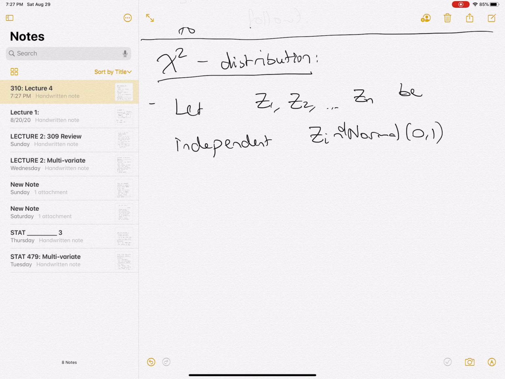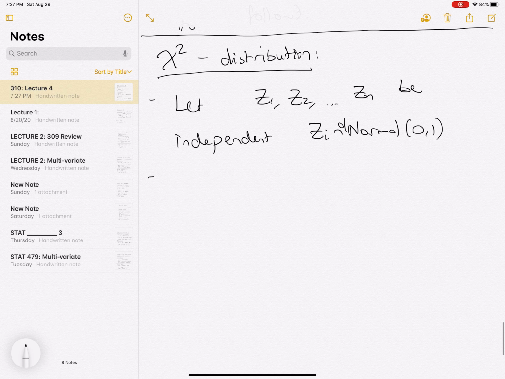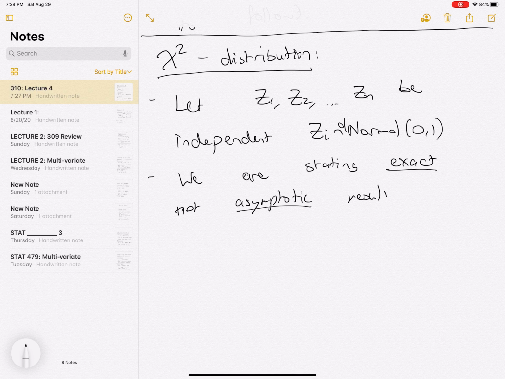Okay, so we have that Z1 through to Zn are independent standard normal. And one thing to note here is that what we're stating for the remainder of today's lecture are exact, not asymptotic results.